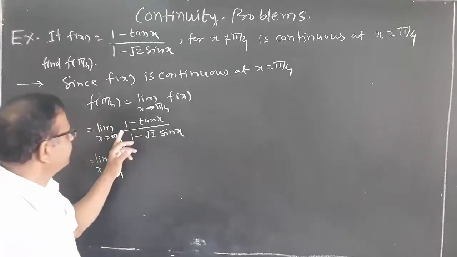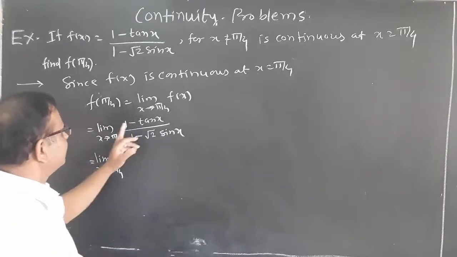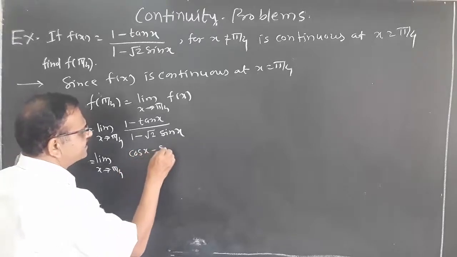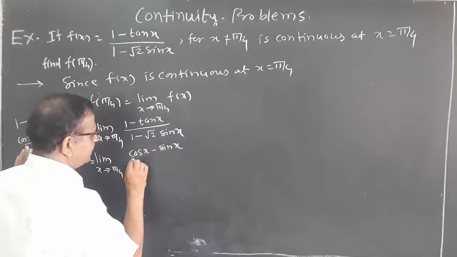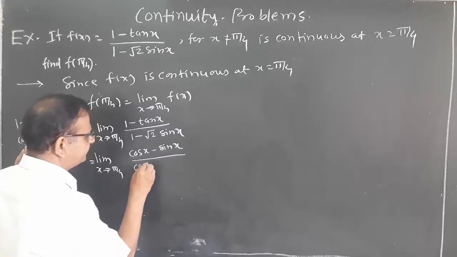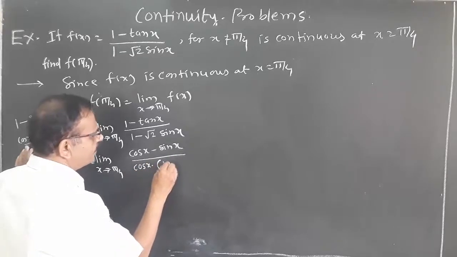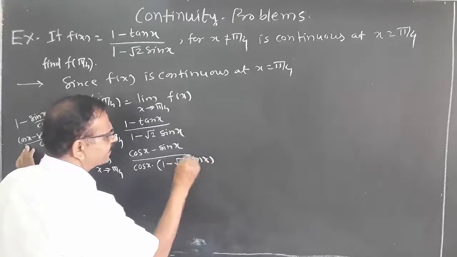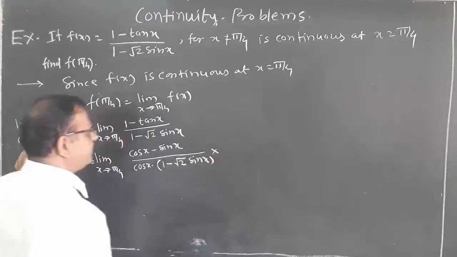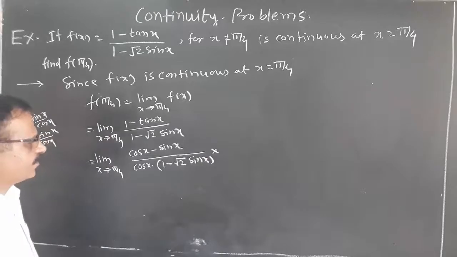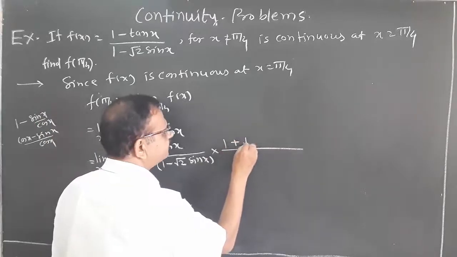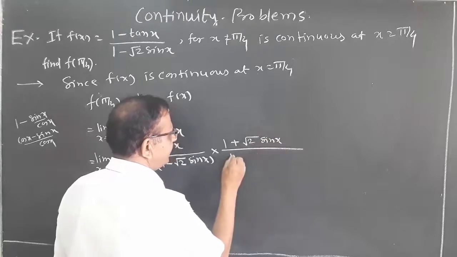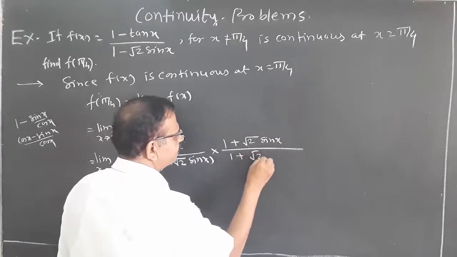We shall write this 1 minus tan x as cos x minus sin x divided by cos x into 1 minus root 2 sin x. We shall multiply and divide this term by 1 plus root 2 sin x.